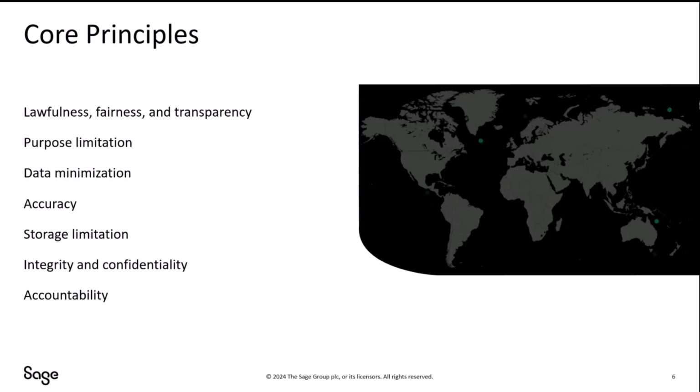Sage CRM, because it's a customer relationship management system, inevitably ends up storing personally identifiable data, or PII, PID, personally identifiable information or data. The terms are interchangeable, but this refers to anything that can be used to identify a natural person, and it encompasses a lot of different data points.